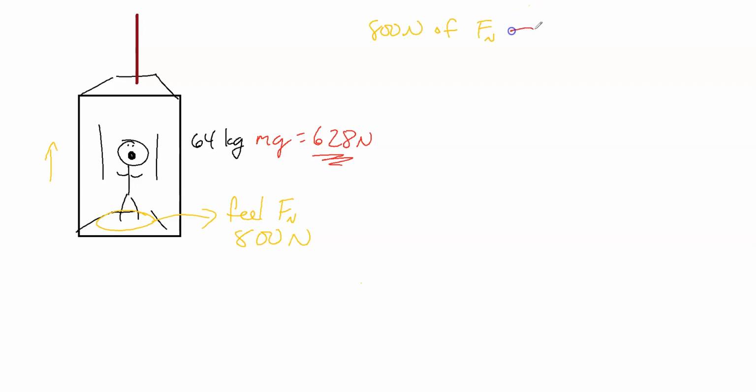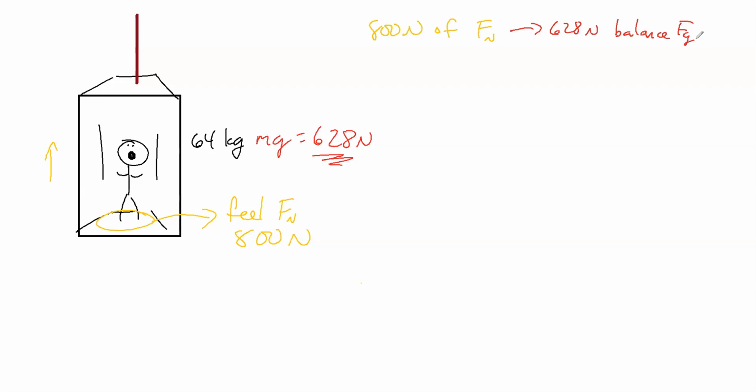Now, part of that force, 628 of that, is just to balance off the force of gravity. So the floor of the elevator has to push up with 628 just to balance off gravity. But it's not just pushing with 628. It's pushing with more than that.